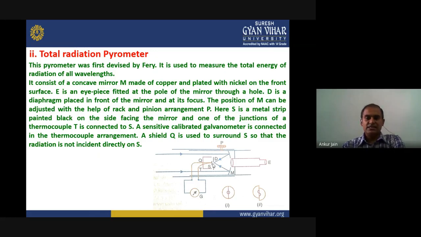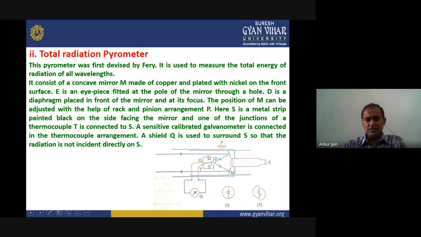One of the junctions of a thermocouple T is connected to S, and the other is connected to a galvanometer, which you can see here, to show the deflection due to the radiation.